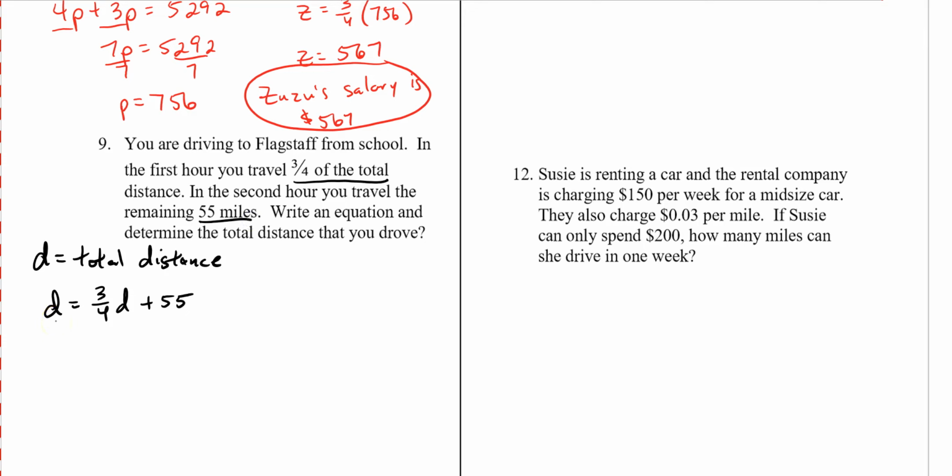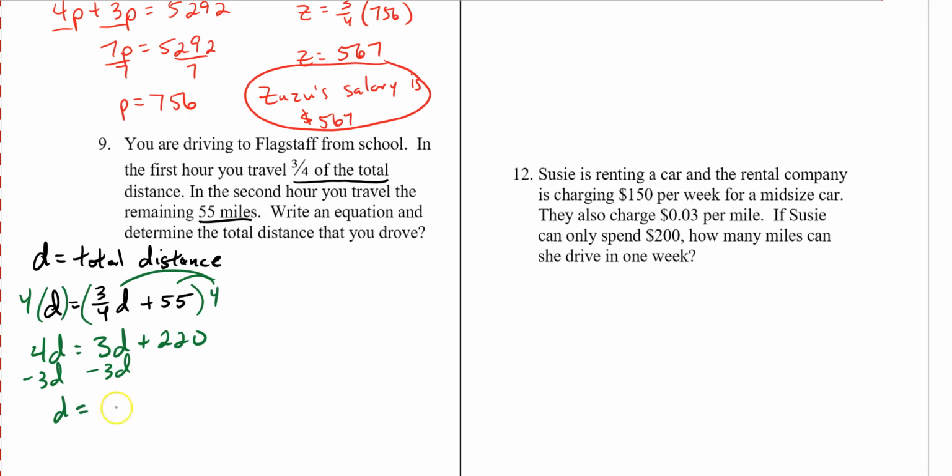So again, I don't want to deal with those fractions. We do not like them. So we're going to multiply everything by 4 so we get distributed. So 4d is equal to 3d plus 55 times 4, which is 220. We're going to subtract the 3d from both sides. So d is equal to 220.